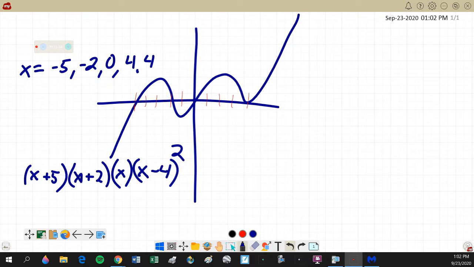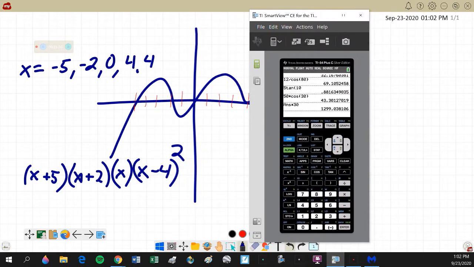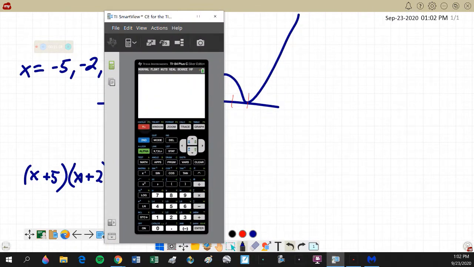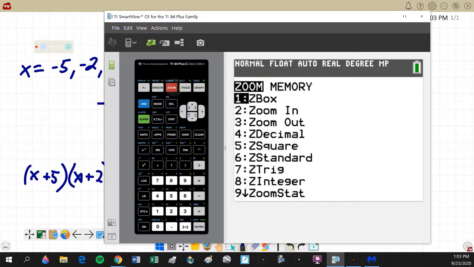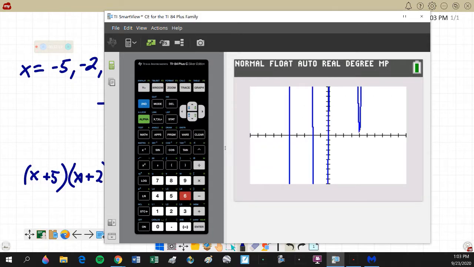All right, so let's pull this up and graph it. Okay, x plus 5, x plus 2, x, and x minus 4 squared. So I'll graph it. Man, I can't see very much. So I'm just going to times the whole thing by some really small number.